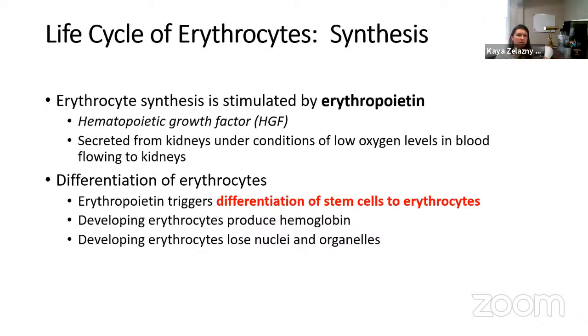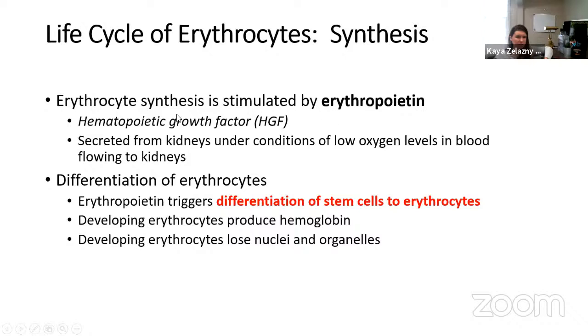By stimulation through this cytokine called erythropoietin. So erythropoietin is a type of hematopoietic growth factor. Hematopoietic growth factor is basically this kind of thing that tells your stem cells which type of blood cell to form. So the one that tells them to become red blood cells is erythropoietin.